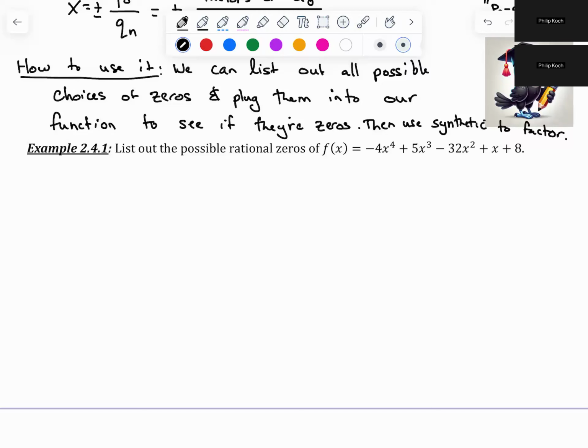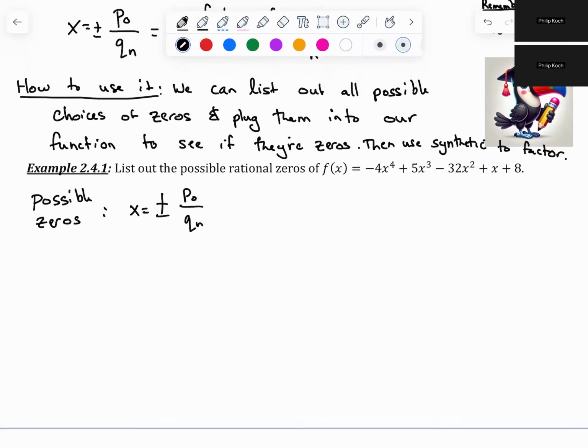So the possible zeros are of the form x equals Poocan Sam, so plus or minus p sub 0 over q sub n. And remember, these are the factors of a sub 0, which is equal to 8. The factors of 8 are 1, 2, 4, and 8.